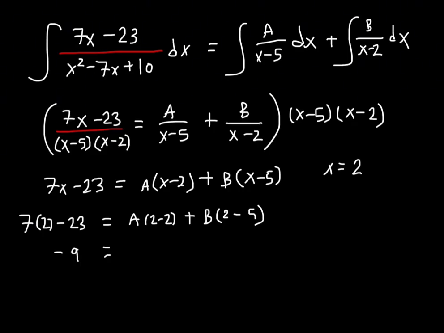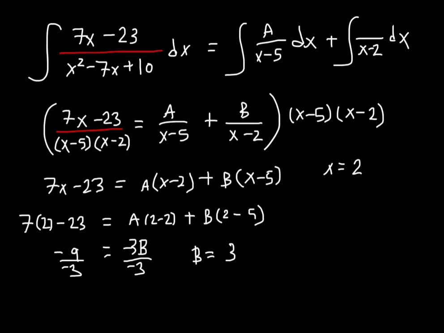I'm not going to write the 0. And then here it's 2 minus 5, which is negative 3, so negative 3 times B is just negative 3B. And then you'll divide by negative 3, negative 3. So B is equal to positive 3.